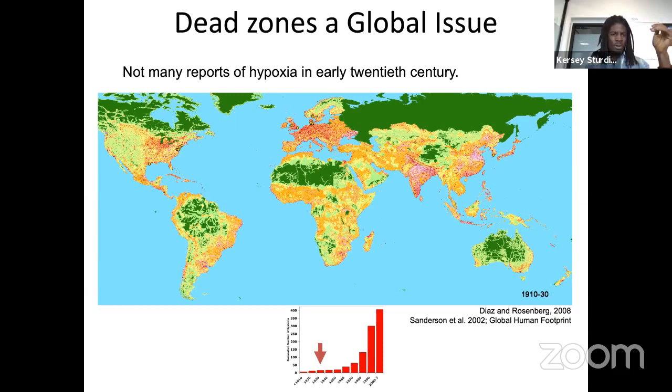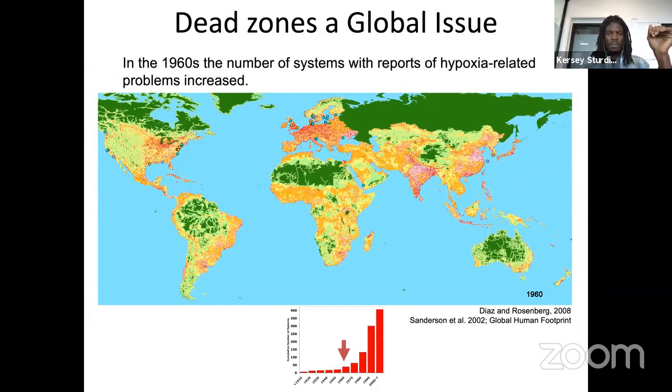I think maybe one or two here or there, primarily along the northeast of the US and in a few locations in Europe. But then by the mid 20th century, the number of systems, locations that were reporting ocean deoxygenation began to increase, but were still largely contained to North America and Europe.